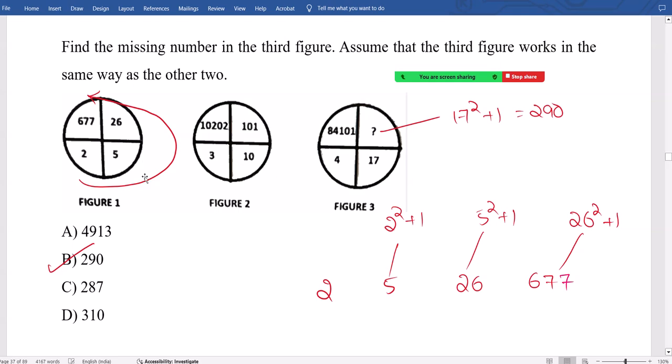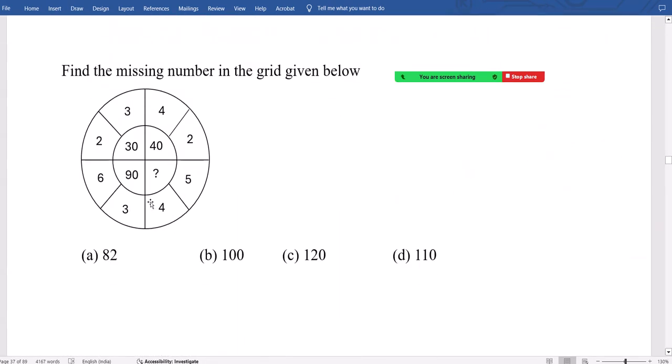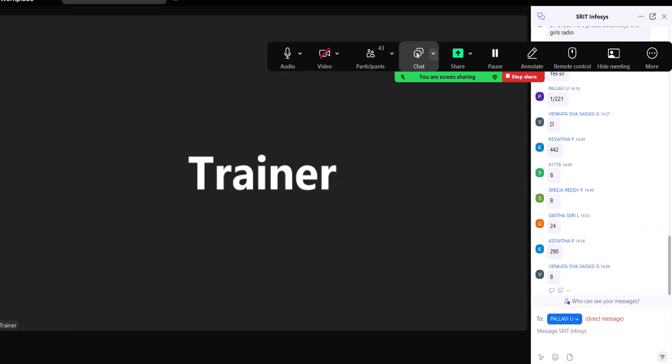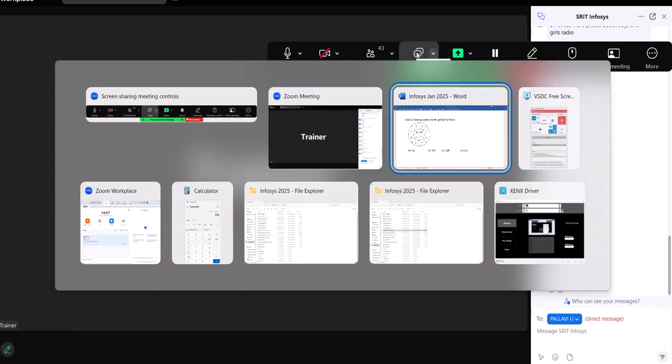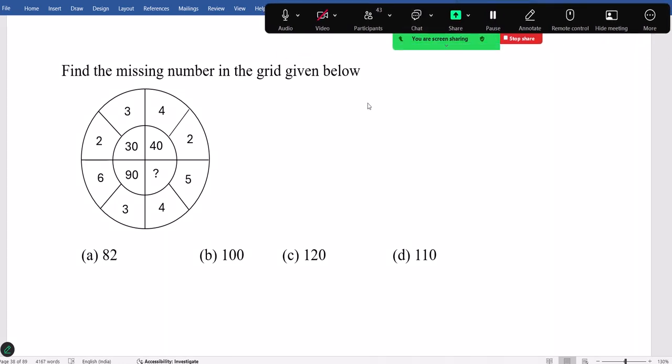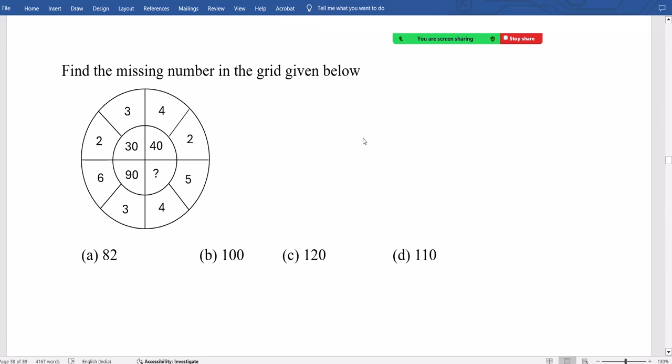Next question. It seems one question we have not yet solved. We'll look into that. Meanwhile, others. Yeah, what about this? What option is suitable?